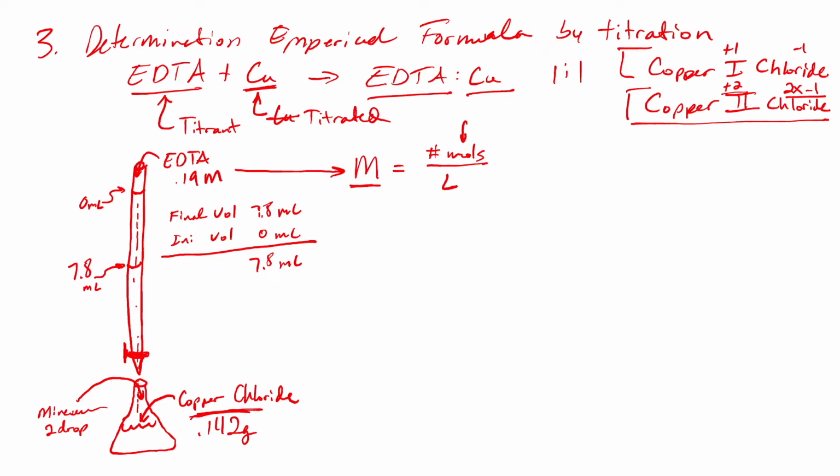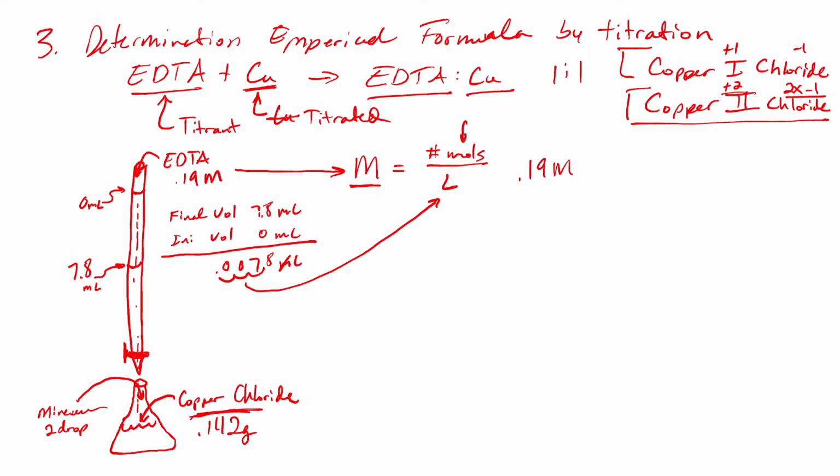And then after we convert this to liters by moving the decimal point 3 places, now we have liters. We can move that number right under the number of moles. So our equation then is this.